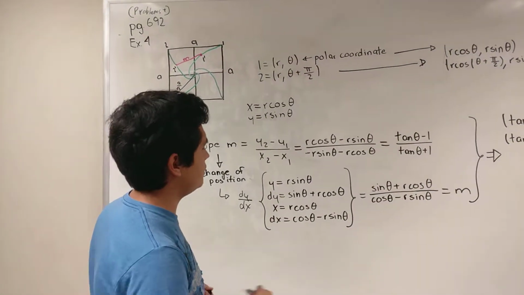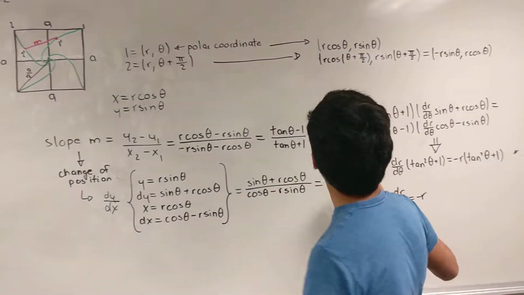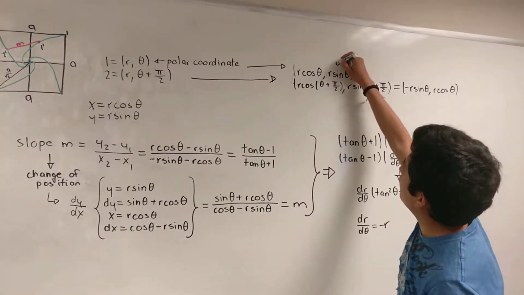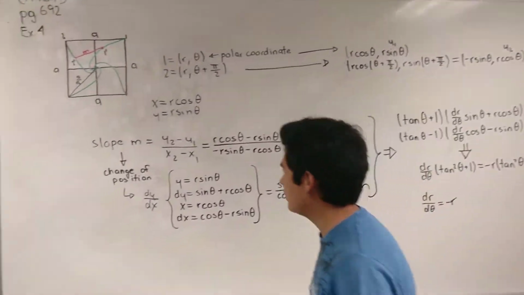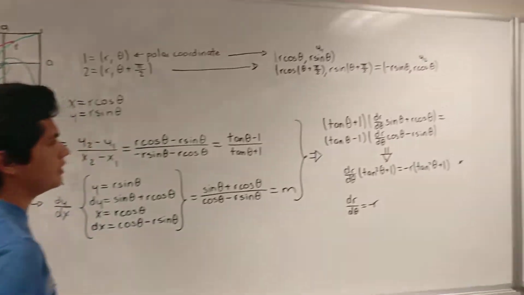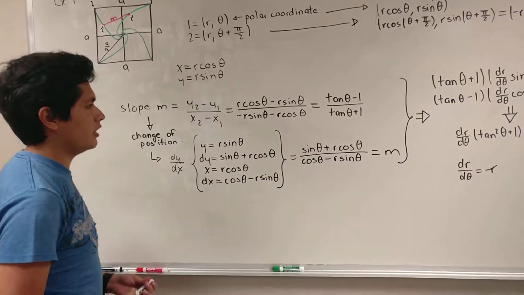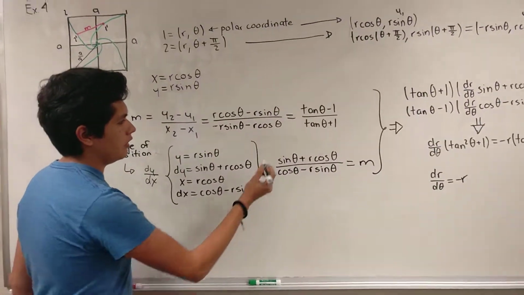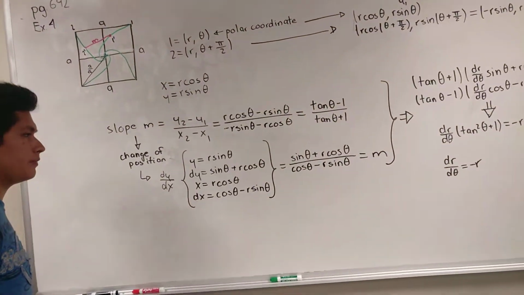Here we have y2 minus y1, and also x2 minus x1. By trigonometric identities, we end up with tangent of theta minus 1 over tangent theta plus 1.